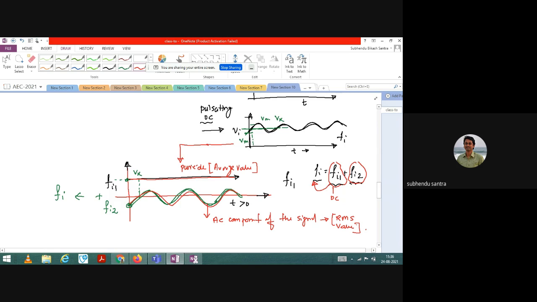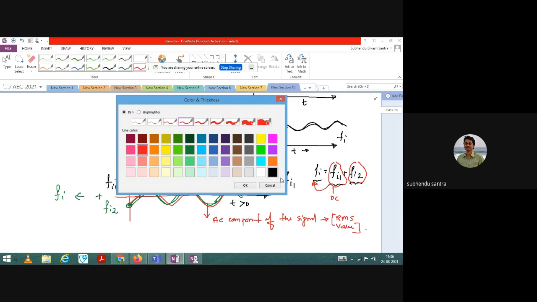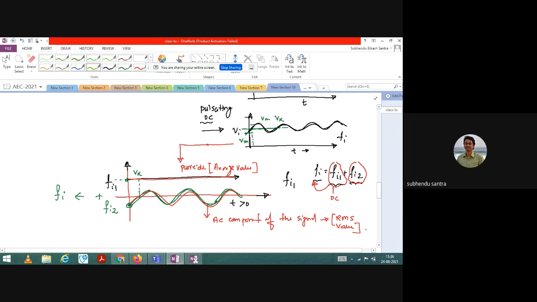Okay, am I clear to you? So can you tell me whether the presence of this kind of alternating ripple is good or bad? The Fi2 which is there in pulsating DC, is it a good thing or a bad thing?